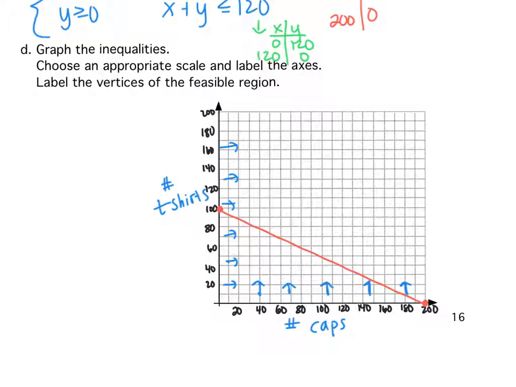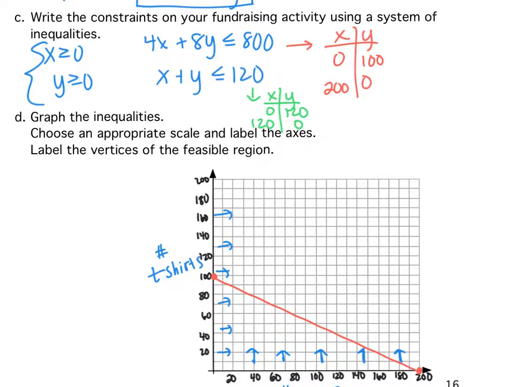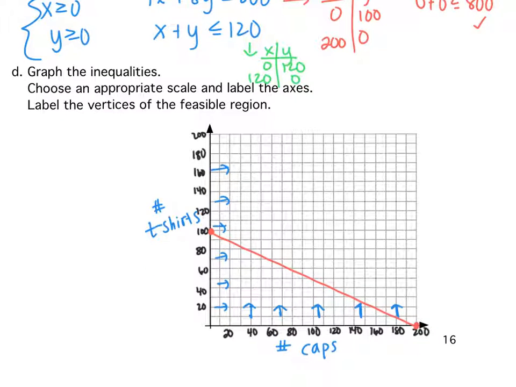What should I do before I graph the other inequality? Figure out the shading. So let's do that real quick. If we plug in 0, we get 0 plus 0 is less than or equal to 800, which is true. So we want to shade toward the origin.